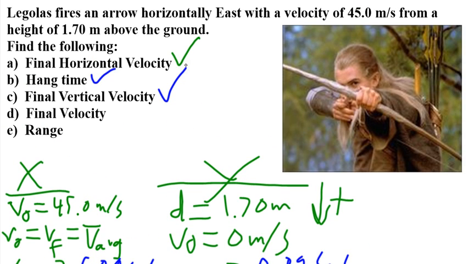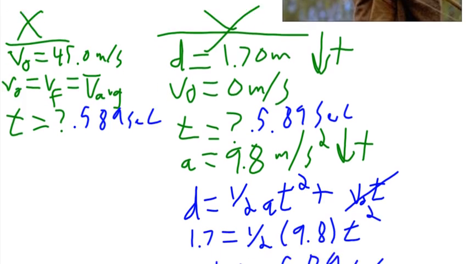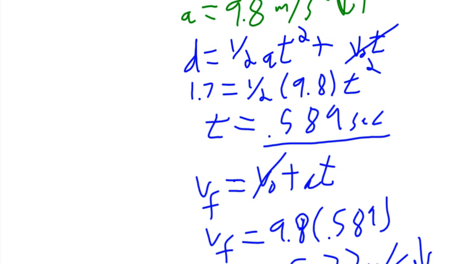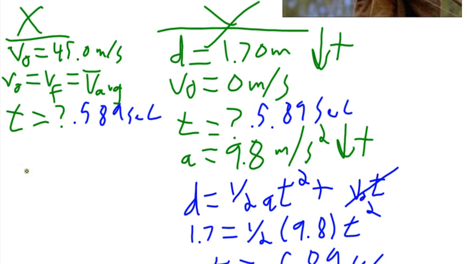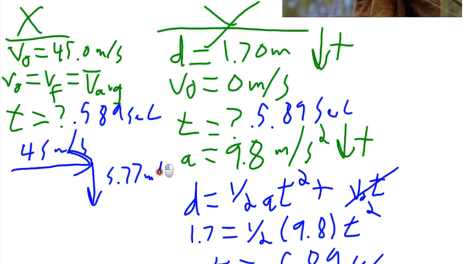And so now we're asked to find our final velocity. And when it says final velocity like this, what it means is the vertical and the horizontal added together, the resultant velocity. And so for this, we'll go and work up here. We know that we have our horizontal velocity going to the right. We also know that we have a vertical velocity going down. We know that this is 45 meters per second. We know that this is 5.77 meters per second.